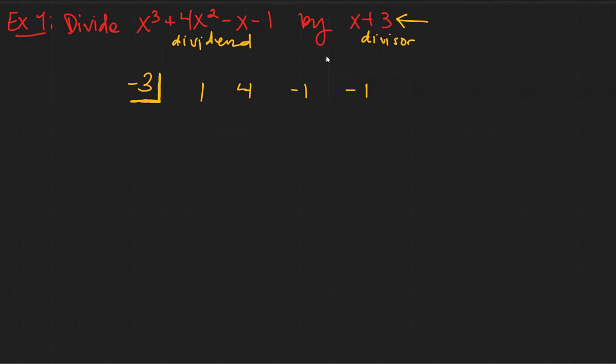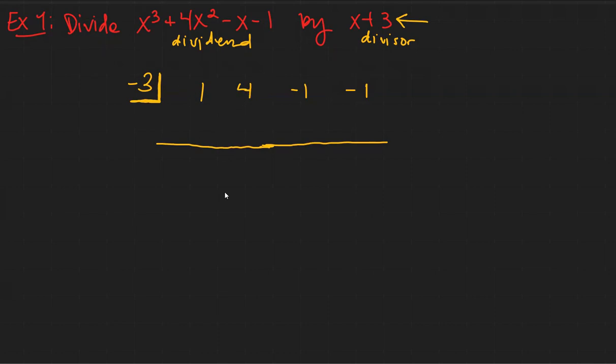Here, since it's +3, I'm going to use -3. Then I'm going to draw a horizontal line, giving myself enough space below my coefficients because I'm going to write more numbers underneath. Already kind of wacky, but don't worry, it's all going to work out, okay?